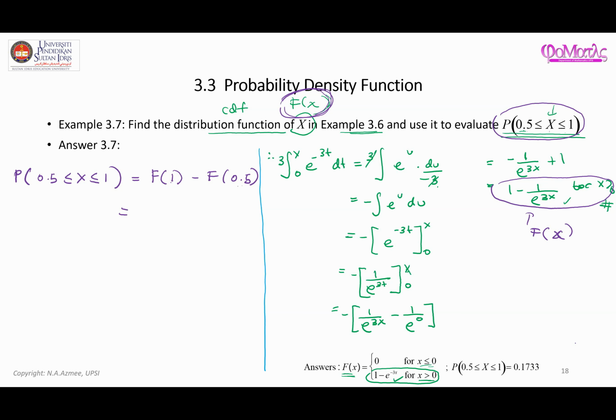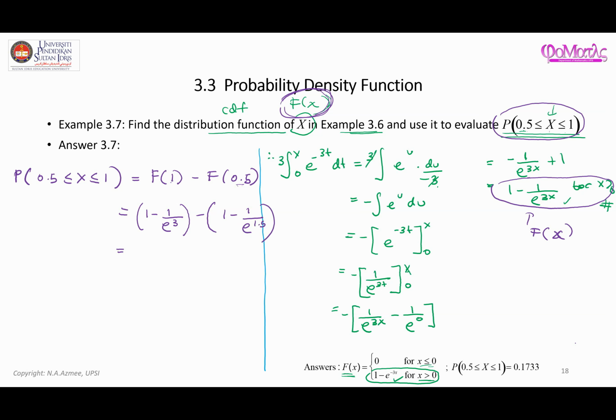So we have F(1) is 1 minus 1 over e^3, since 3 times 1 is 3, minus, substituting 0.5, 1 minus 1 over e^1.5, since 3 times 0.5 is 1.5. Then we can simplify the whole expression.